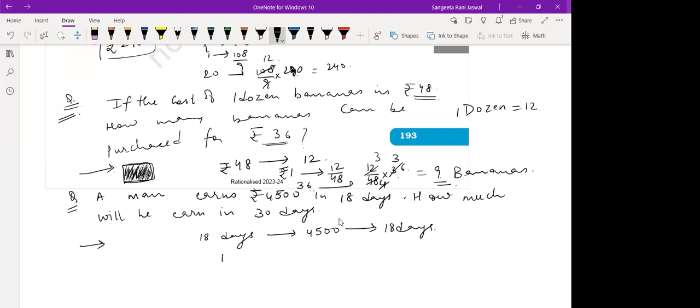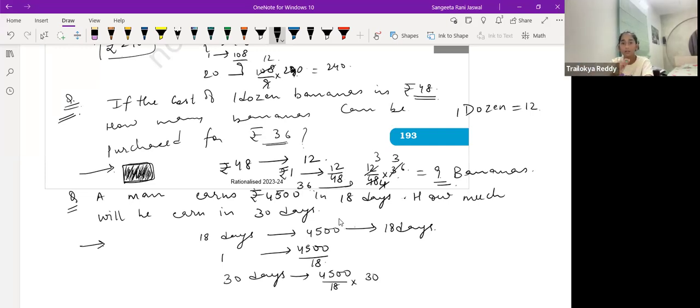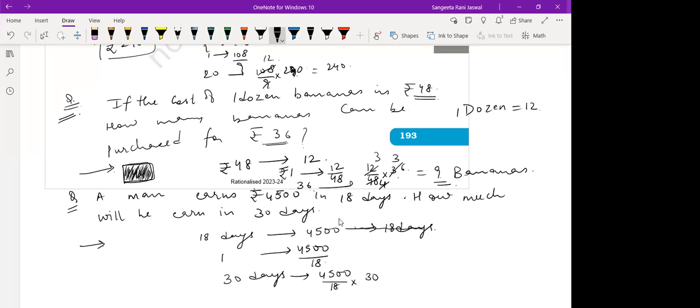For one day he's earning 4,500 by 18. So for 30 days, he'll earn 4,500 by 18 into 30. Ma'am, you said 36, not 30. Ma'am, I got 7,500.